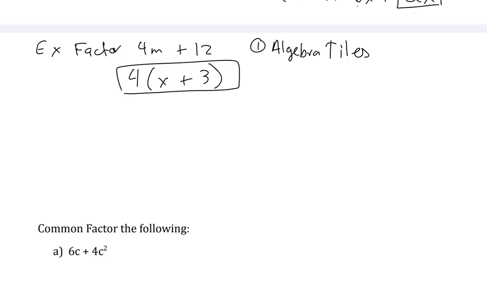But let's try to get there without algebra tiles. Though if you need to use algebra tiles, we can definitely let you use algebra tiles, especially when we're first learning how to use factors. So first things first, let's find out the greatest number factor.